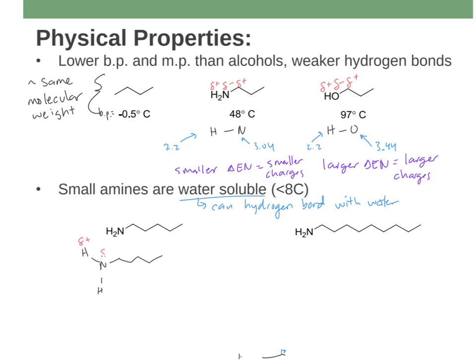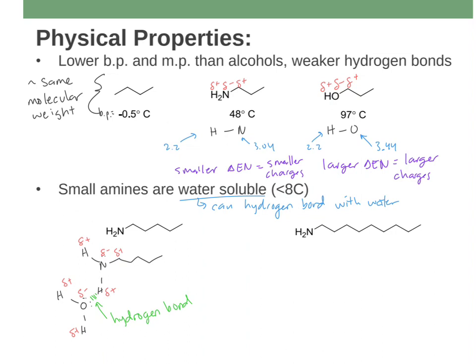Got partial positive, partial negative, partial positive, and positive. And if I had a water molecule, imagine this being surrounded by water molecules. I'm just drawing dotted lines here to indicate that attraction. You can have a hydrogen bond. Again, it's not as good as if it was with another OH or an HF, but it is a hydrogen bond and there is attraction.